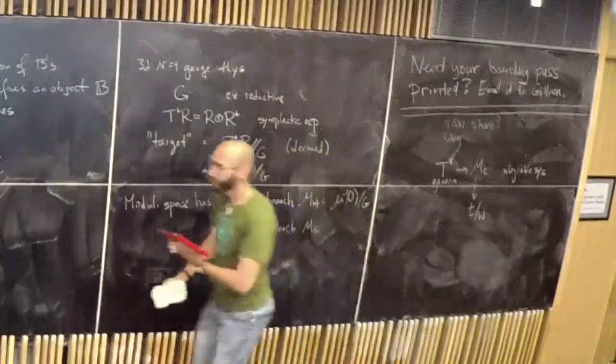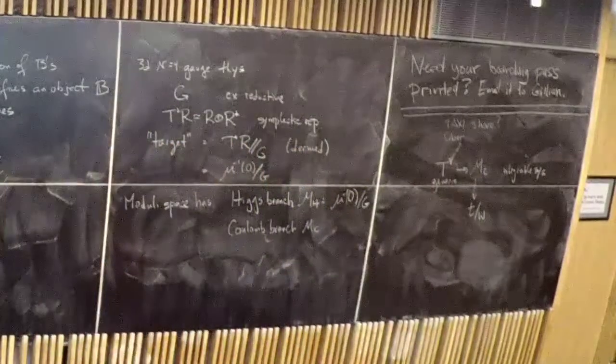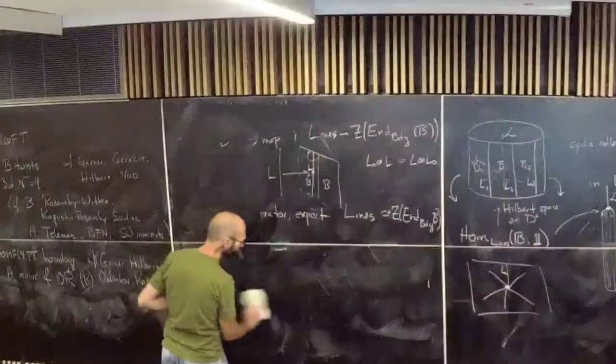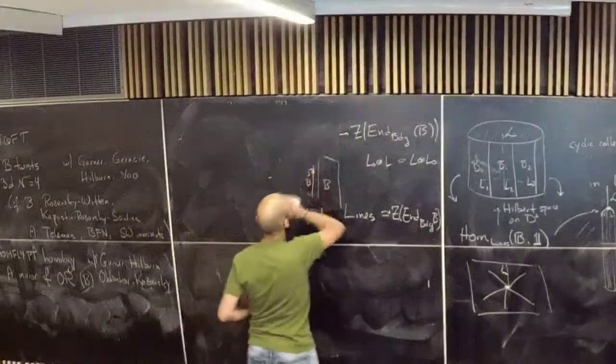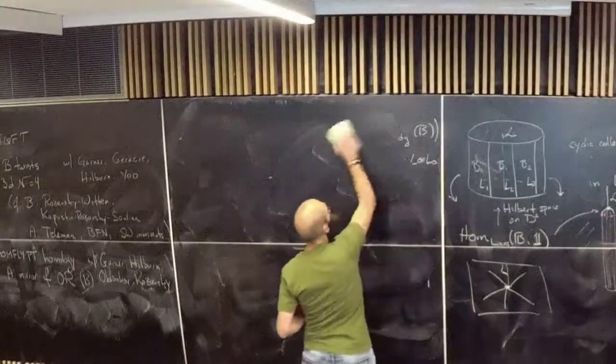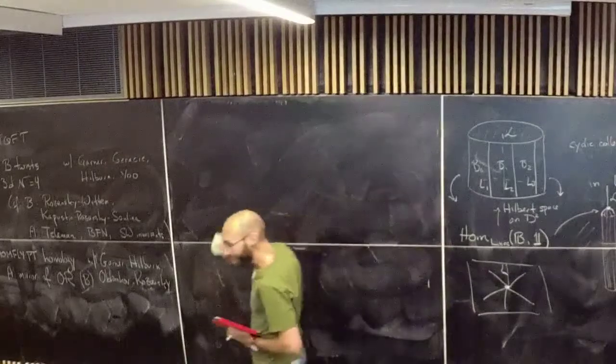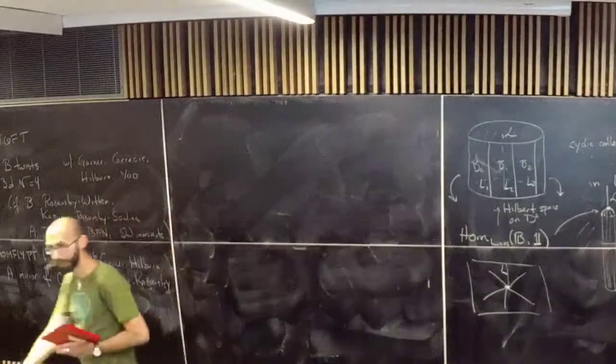Now, other quick facts. Many gauge theories come in pairs. Many familiar classes of gauge theories come in pairs related by what's known as 3D mirror symmetry.